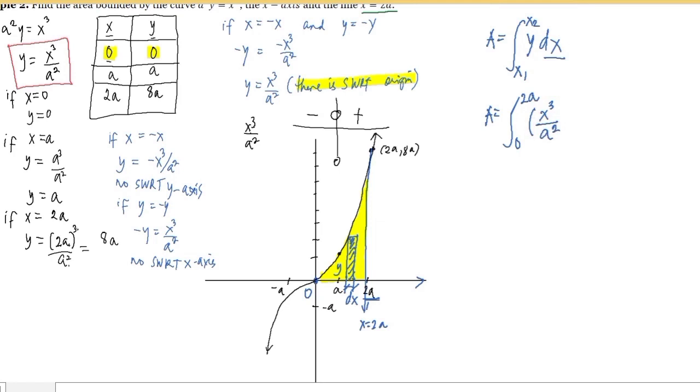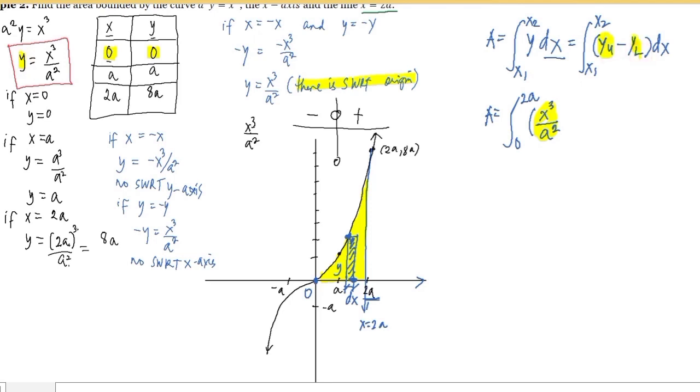Now, the idea here is that we have x sub 1 and this is x sub 2. We are referring to the y which is bounded with the curve on top. That is the curve, that's the y up, minus the y down here in the lower portion. So this x cubed over a square, which is our y, is our upper y.